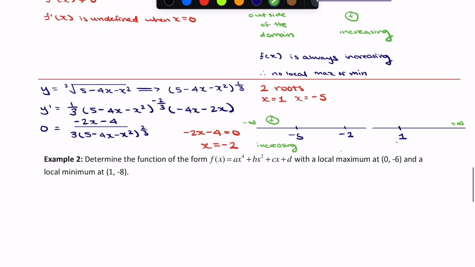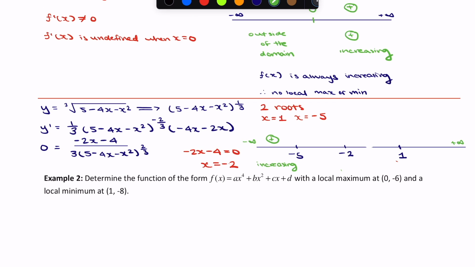We sub in a value of -3 or -4, we'll see that it actually continues to increase from -5 to -2. Then only after -2, if you sub in a value like 0, it will start to decrease. So decreasing from -2 to 1, and then it decreases as well from 1 to infinity.